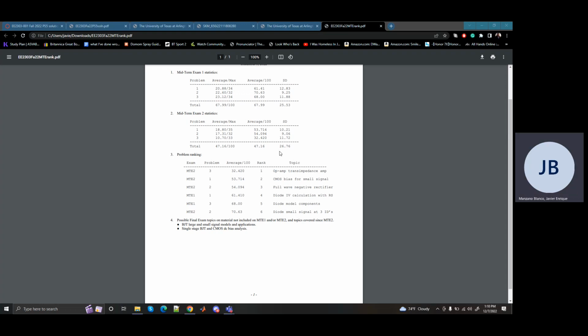Trying to find the expression for V out. Being able to get your VP and VN equations.